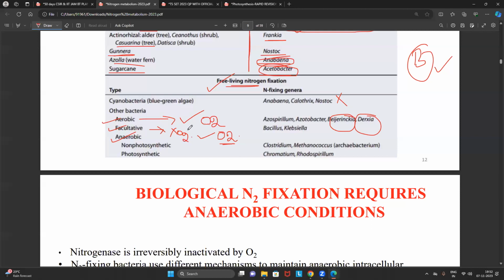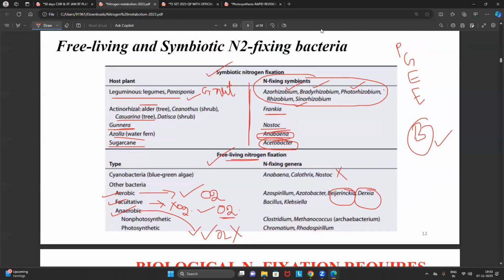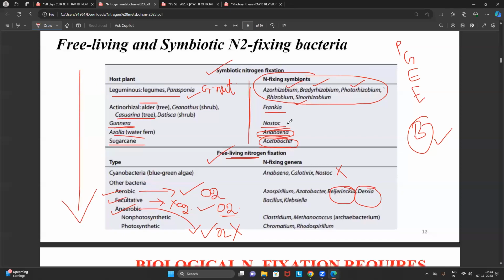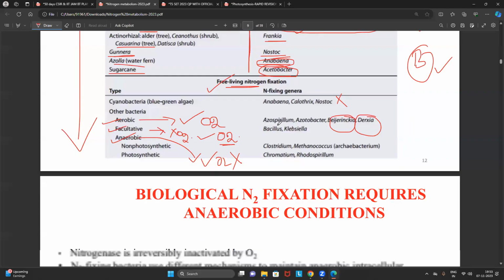But in the absence of oxygen, they will grow. And what about the anaerobic? Everyone knows that if there is oxygen, they will die. So they are strictly not dependent on oxygen, which is the anaerobic bacteria. Again, in tomorrow's class also, I'll ask you the first question from this table. Make sure that you remember, okay, compulsory.